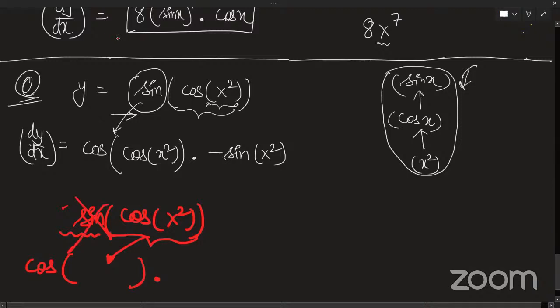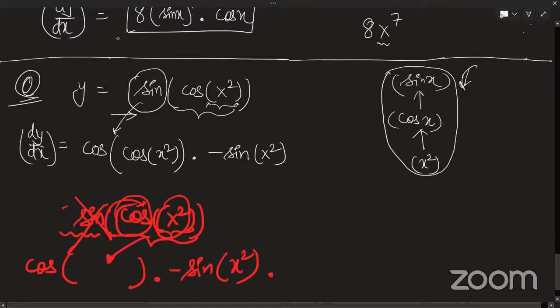Now the next function that I encountered was cos. I differentiated cos, and it is telling me you differentiated cos very well, but whatever was inside the cos bracket, just copy it as it is.